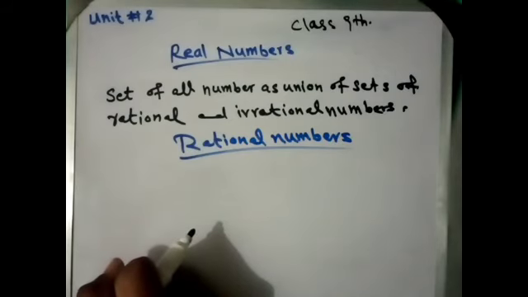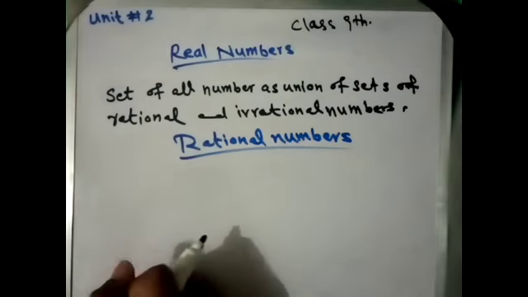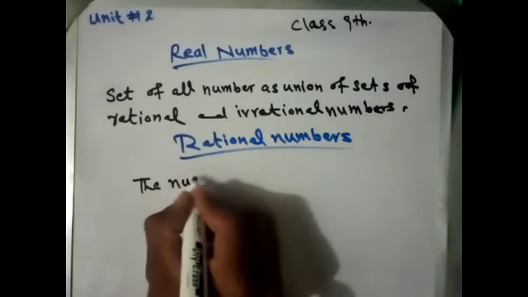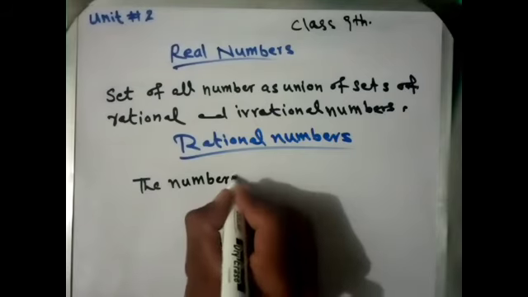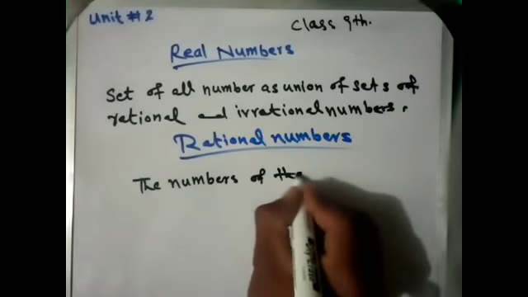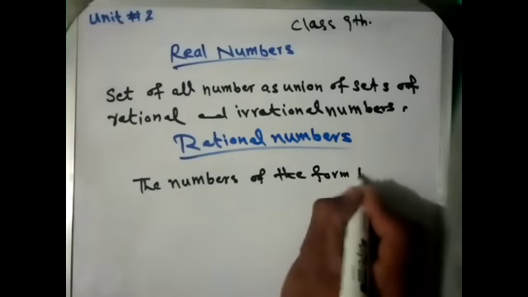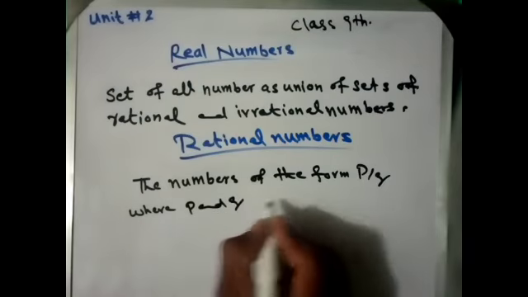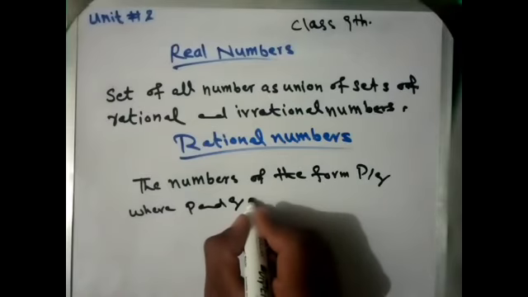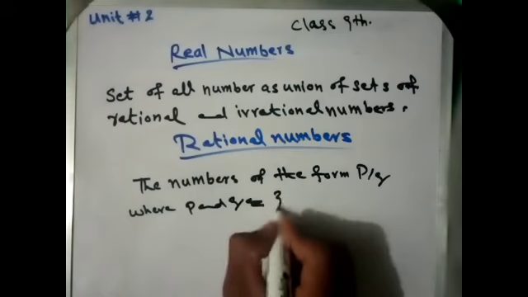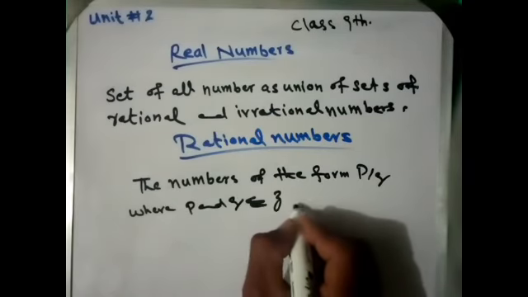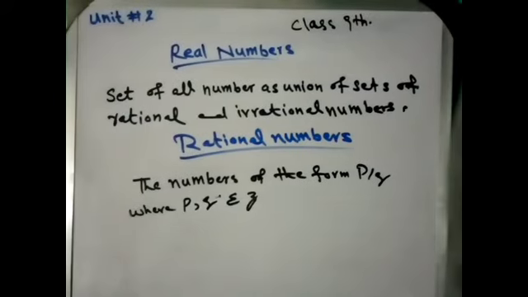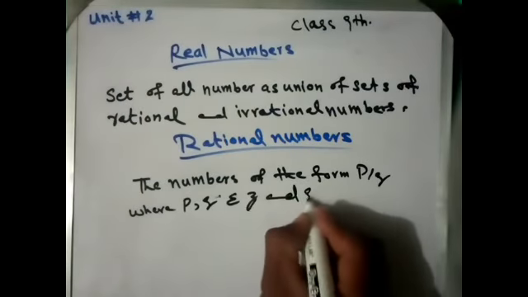The definition of a rational number is: the numbers of the form p by q, p divided by q, where p and q belong to Z and q is not equal to 0.